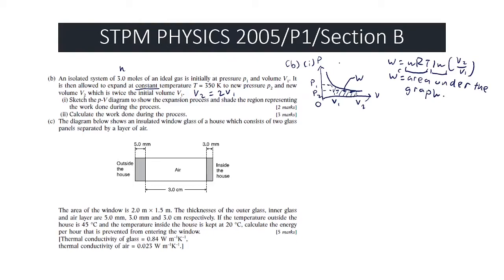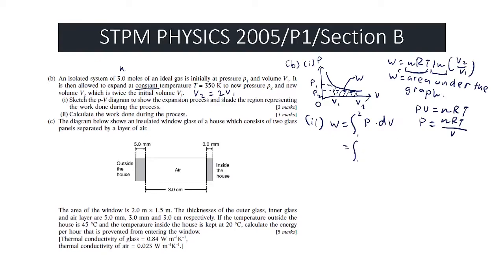So this is the answer for B1, and now B2, calculate the work done during the process. So in case you are wondering, this work done is given by the integral from 1 to 2 of P dV, and from the ideal gas law PV equals nRT, P is given by nRT over V, and we substitute this inside here.